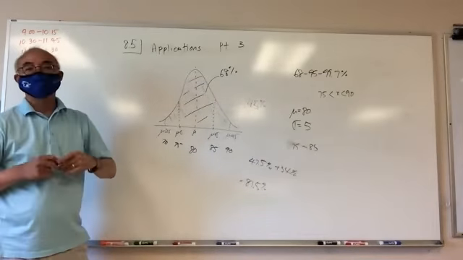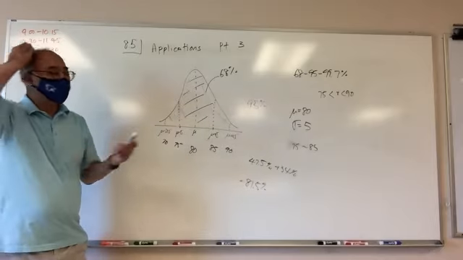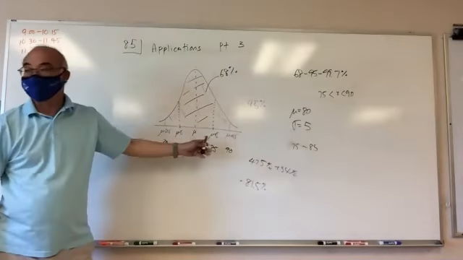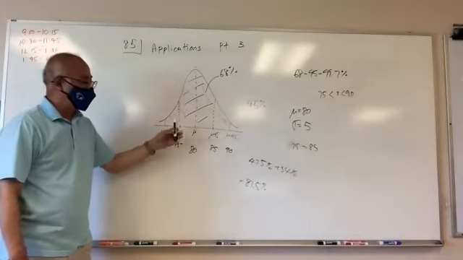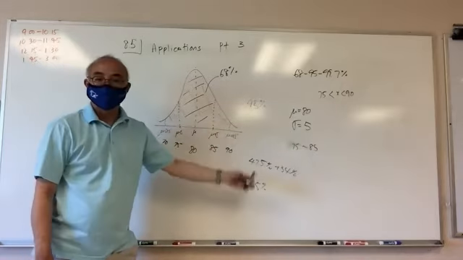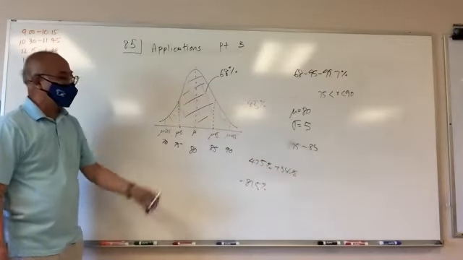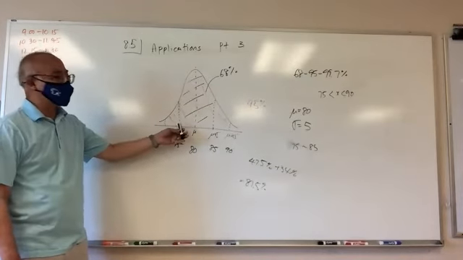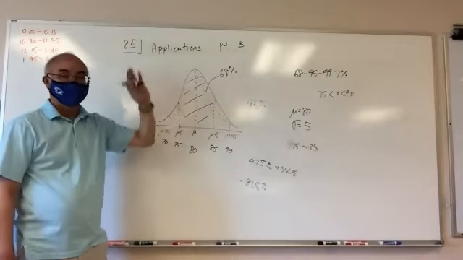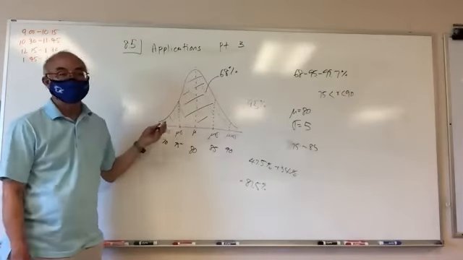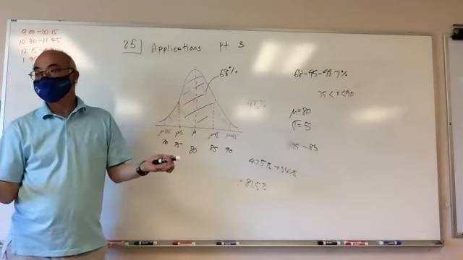A lot of times in statistics, the point that you're trying to find is not going to be this clear cut. You're going to have like 0.25 sigma to negative, I don't know, 0.3 sigma or some stuff like that.